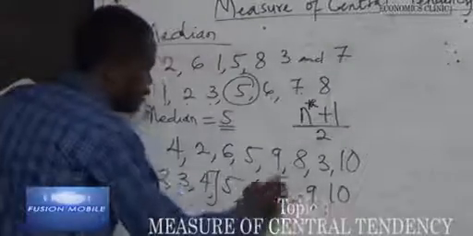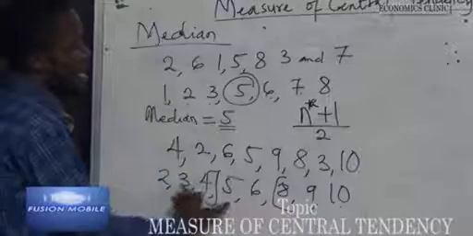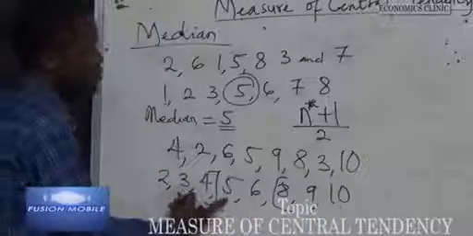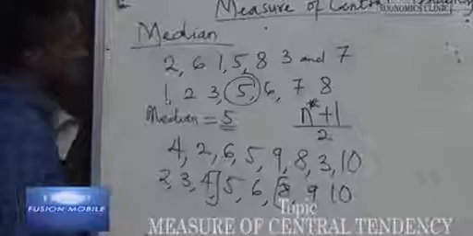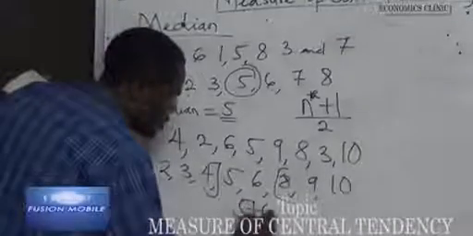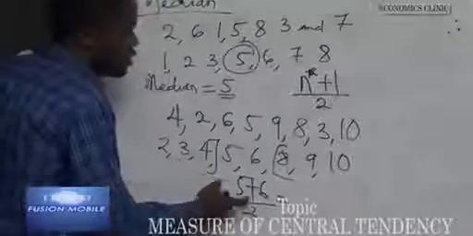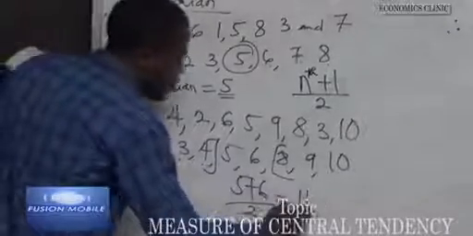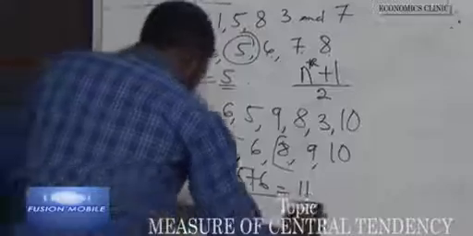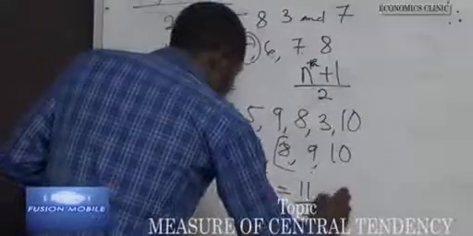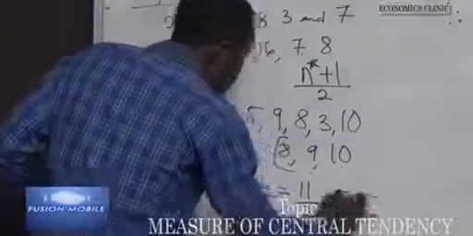So the middle numbers here are 5 and 6. So we add them together: 5 plus 6 divided by 2. We have 11 over 2, which is 5.5.